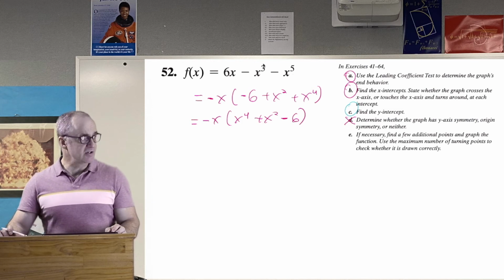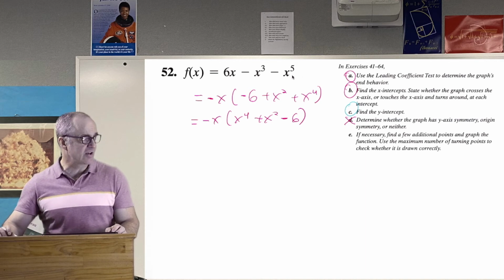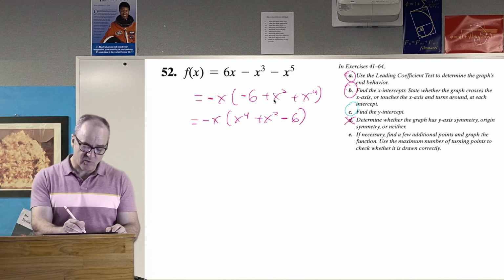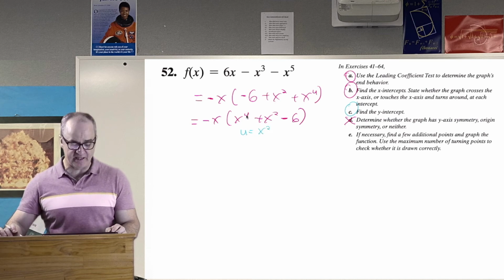Now there's a trick we can do here. We didn't factor any 4th degree polynomials in class the other day, but there's a trick I'm hoping you saw in Algebra 2, and we'll find out who remembers it. It's a trick that in calculus we call U substitution, where I'm going to take the letter U and say that U equals x squared. Okay, see that x to the 4th can be intimidating.